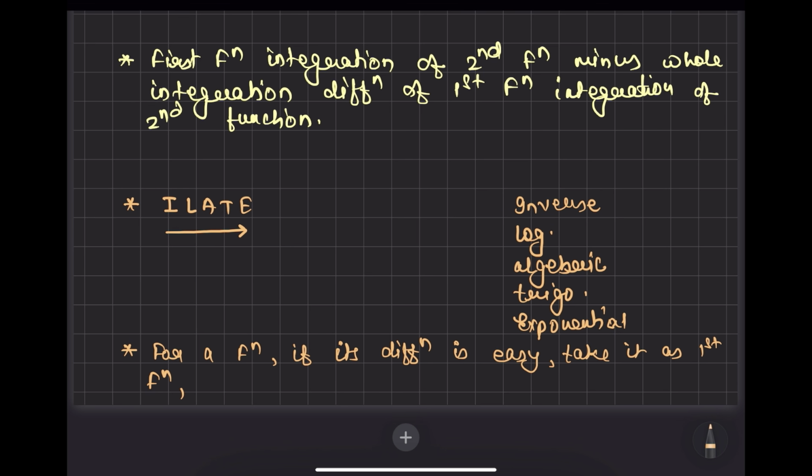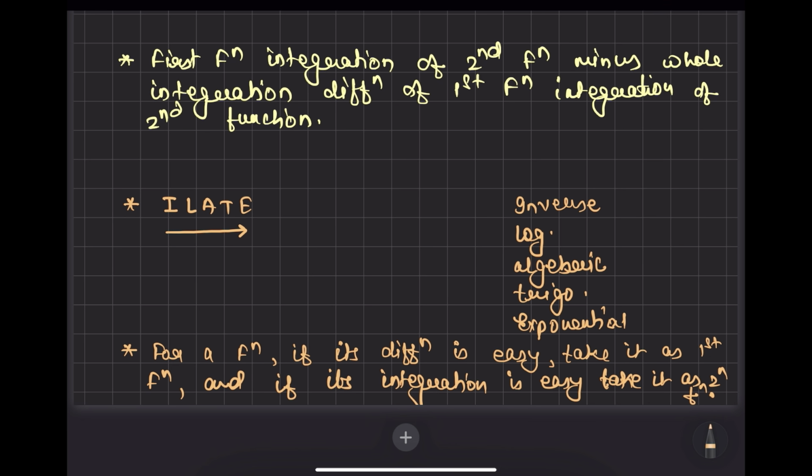And if its integration is easy, take it as the second function. So this thing will help you a lot.